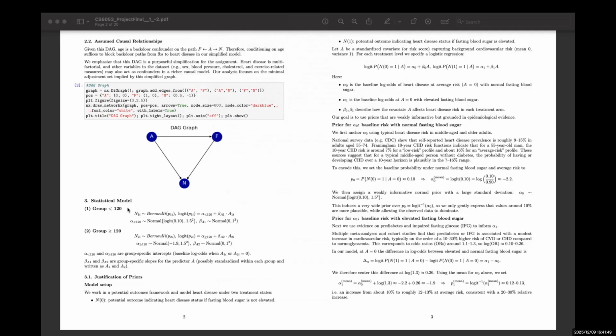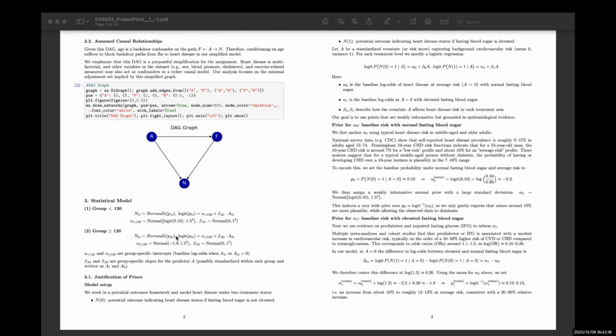For the patients with F equal to 0, meaning normal fasting blood sugar, we model Ni approximately Bernoulli(Pi), with logit Pi equal to alpha 0 plus beta 0 times Ai. For the patients with F equal to 1, elevated fasting blood sugar, we model Ni approximately Bernoulli(P2i), with logit P2i equal to alpha 1 plus beta 1 times Ai.